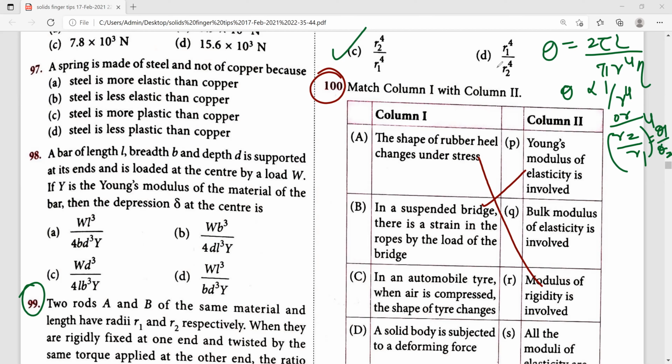Next, in an automobile tire, bulk modulus of elasticity is involved as volume of air in the tire changes. For C1, the right answer is bulk modulus of elasticity is involved. Next, Dth one, a solid body when subjected to deforming force, all the modulus of elasticity are involved.